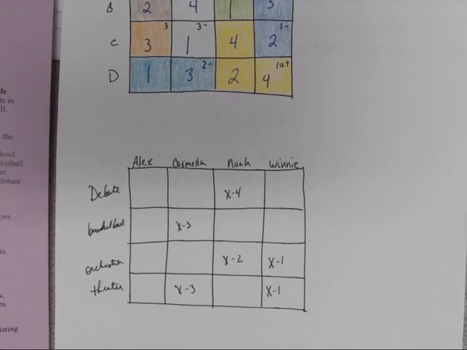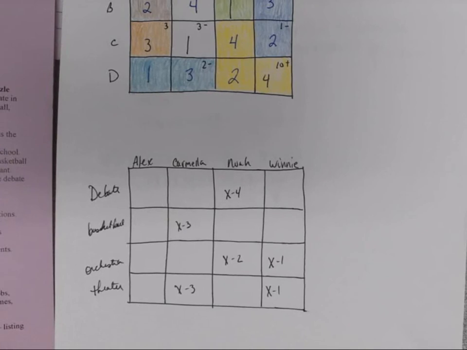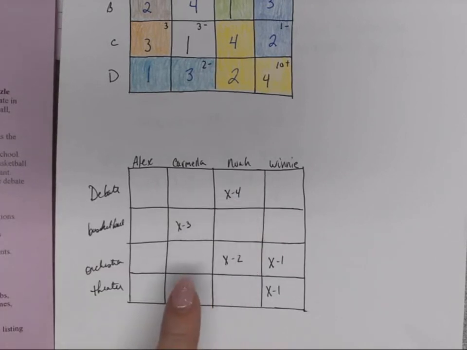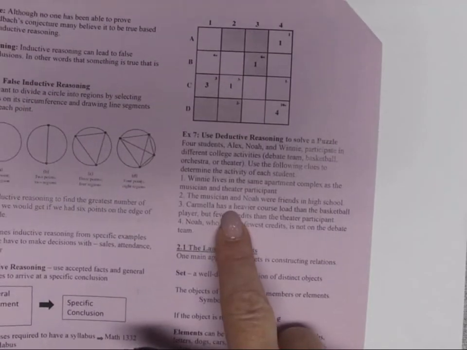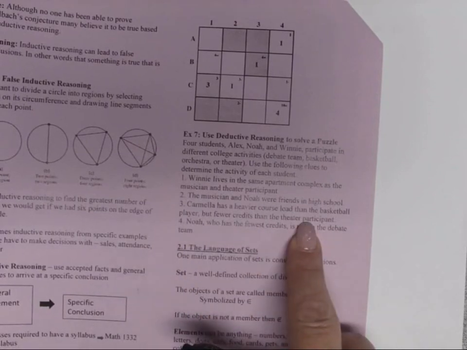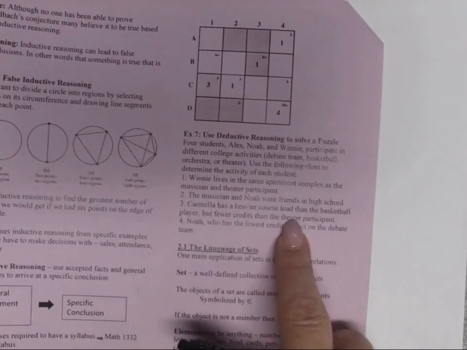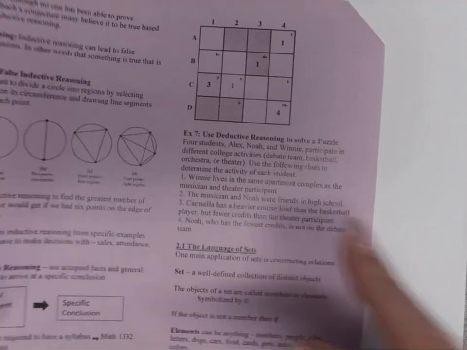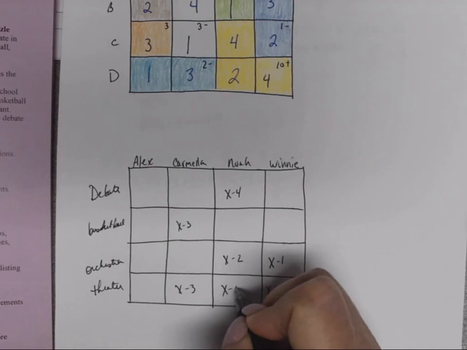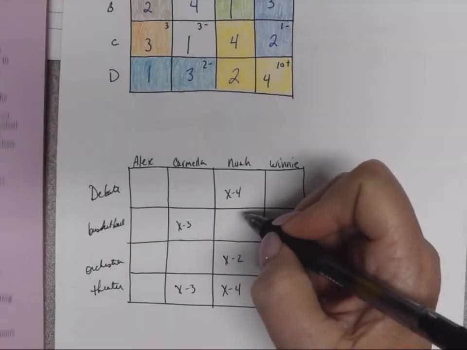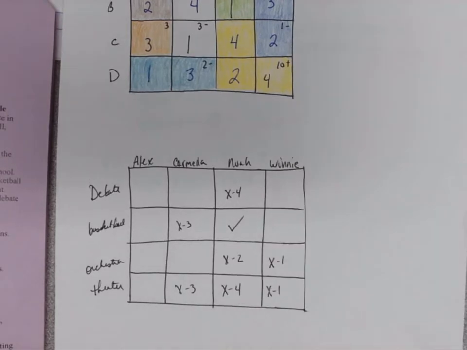And according to Carmela, she had a heavier course load than basketball, but fewer credits than theater. Well, if she had fewer credits than theater, but Noah had the fewest credits, he also cannot be a theater participant. So that tells us that Noah is going to be the basketball player.